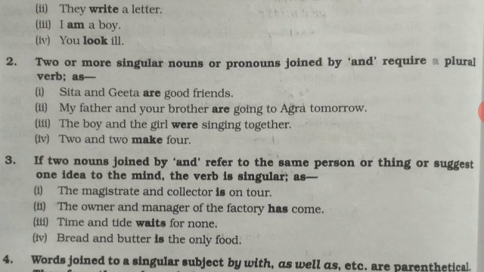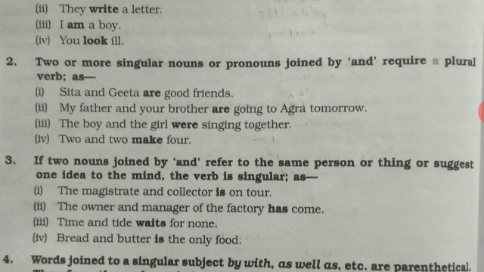Right? अगर two nouns joined होते हैं by and refer to the same person or thing or suggest one idea to the mind, the verb is singular. See here example. Magistrate and collector is on tour. Here magistrate और collector दोनों एक ही person है, single person है. That's why you will use here singular verb.